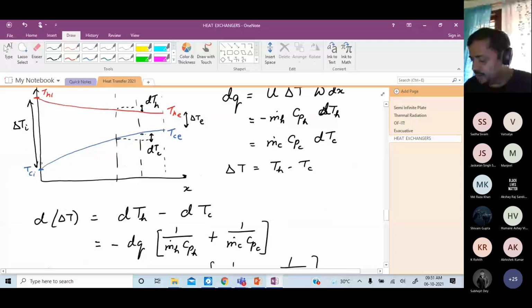The cold fluid, however, instead of coming in from here, it is now coming from the left. So the inlet temperature is at x equal to L. TCI, and then what happens is it rises. TCE.